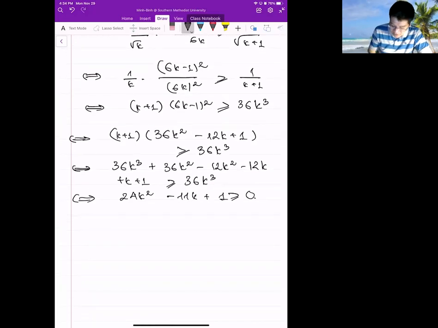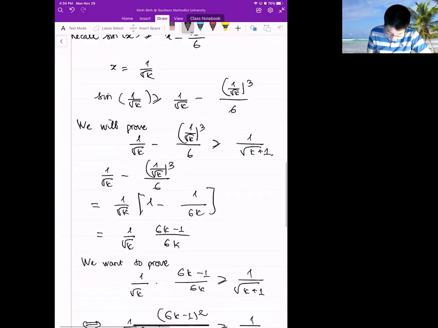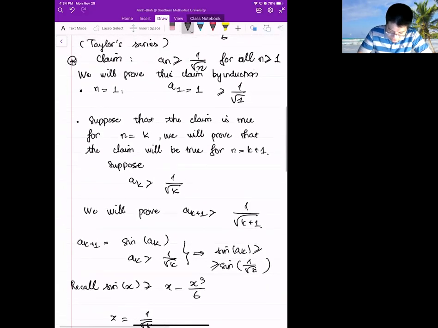We now factor the last quantity, which is (3k minus 1)(8k minus 1) is bigger than or equal to 0. But this last inequality is true because k is bigger than or equal to 1. So the induction proof is complete. First we suppose by induction that a_k is bigger than 1 over square root of k, which is true.